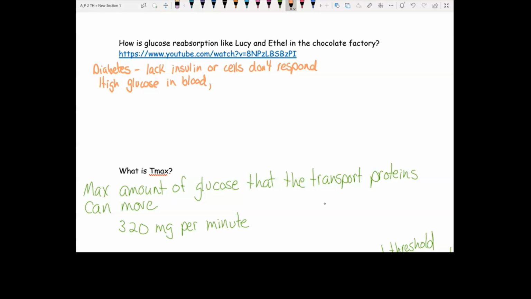So then when it goes through your kidneys, the glucose is a small molecule and it is filtered out. Then you have your transport proteins. They put the glucose back in the blood as it flows by.